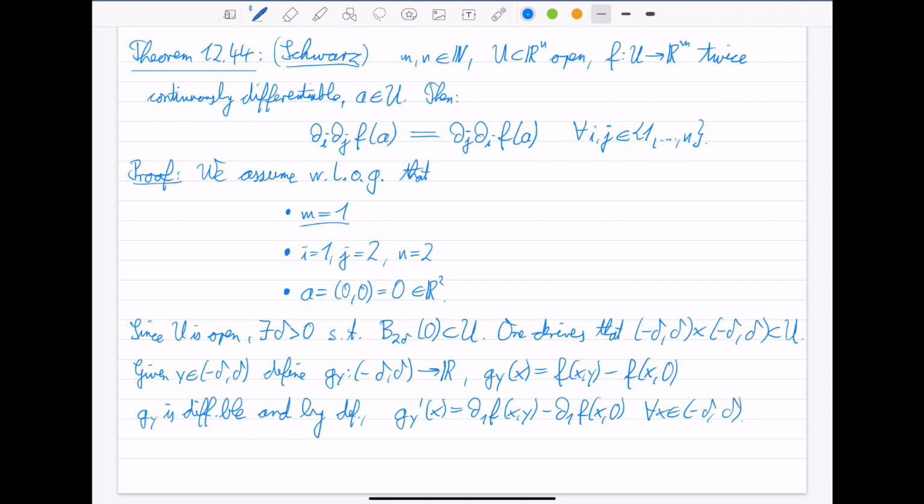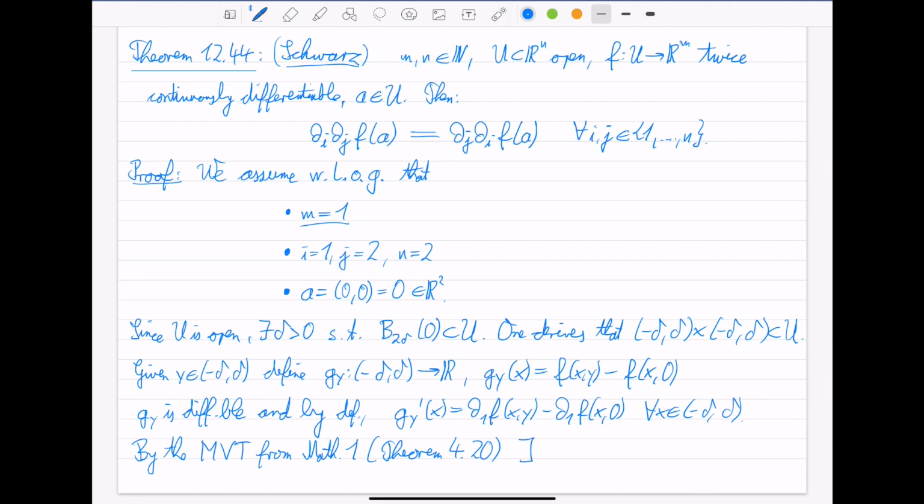Now we want to use the mean value theorem from Mathematics 1 and apply it to this map gy. From Mathematics 1, this was theorem 4.20. We know that there exists, if we want to apply the mean value theorem, and we always want to apply this to an interval, and we want to take the interval containing 0 and x.